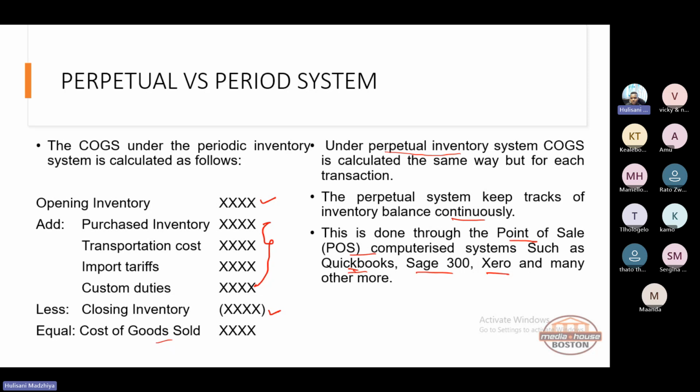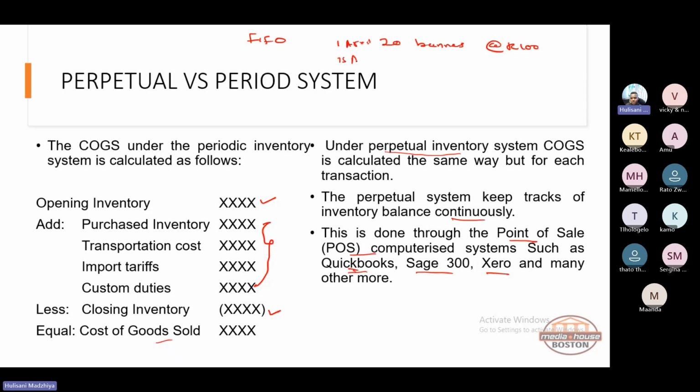So this is where you get to play around with maths a lot when you talk about FIFO, first in, first out. Let me give you an example of how it works if we're applying FIFO. Assume that you bought 20 banners at 100 Rand each. This was 1 April.